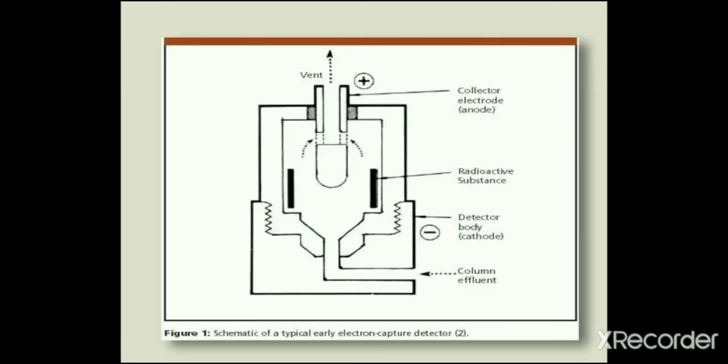Here you can see the two electrodes. If there is absence of organic species, then there will be a constant flow of electrons, and if the analyte is present, then it will absorb the electrons, so the current will fluctuate and it can be detected.